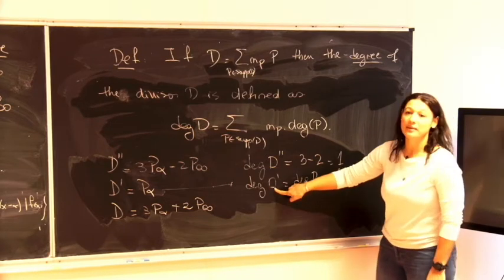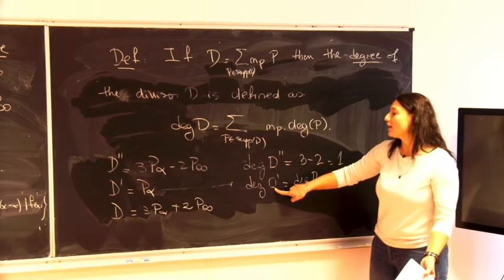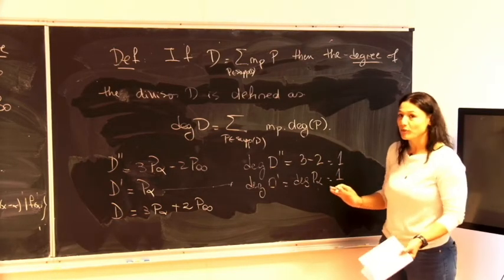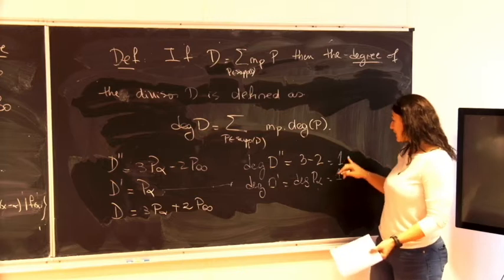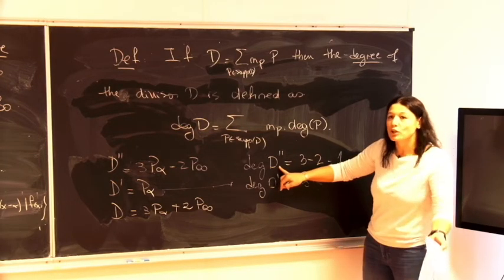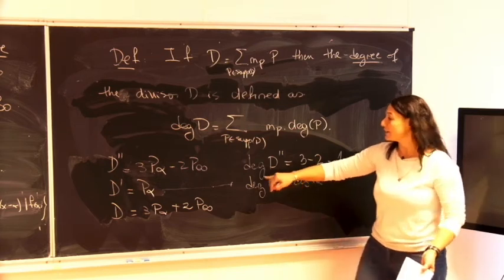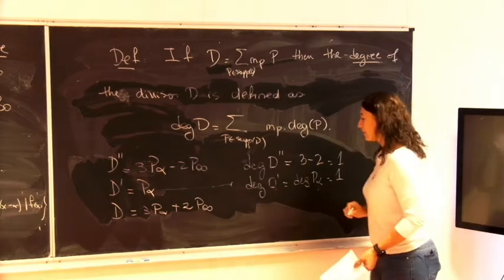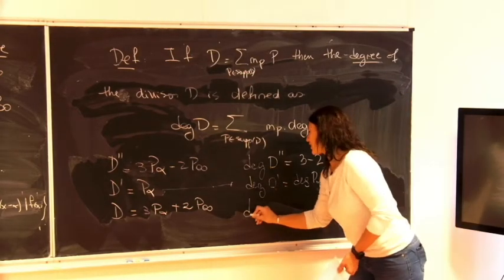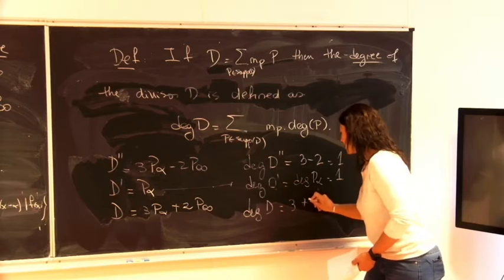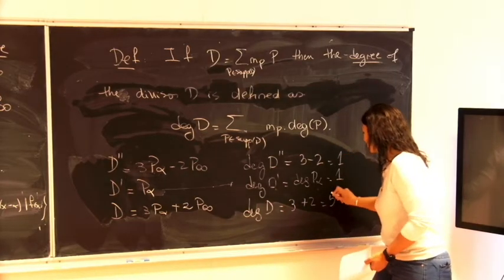And this is a prime divisor because it's only equal to 1 place with coefficient 1. But this other divisor is a degree 1 divisor, but it's not a prime divisor because in the support I have 2 different places. Okay? And of course, in the last case, the degree is 3 plus 2, so it's 5.